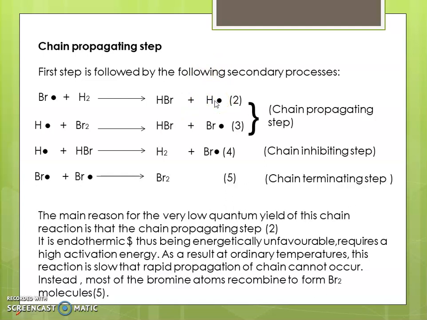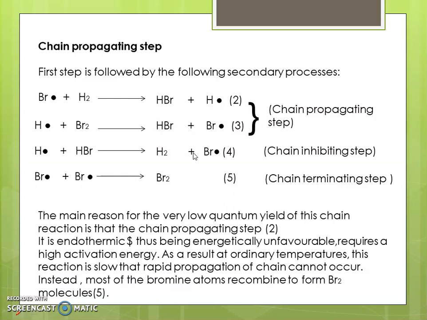The second reason is that the number of HBr molecules produced in this propagating step is decreased due to the reversal of step 2, that is step 4. Here more and more Br radicals are generated.